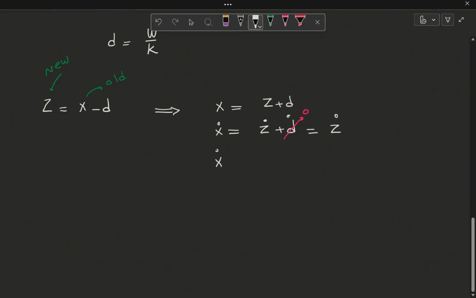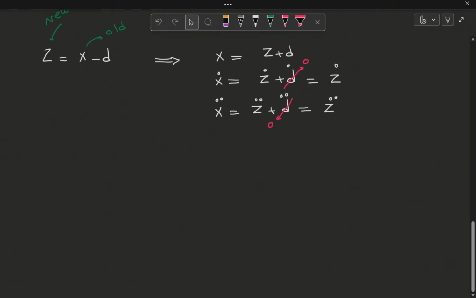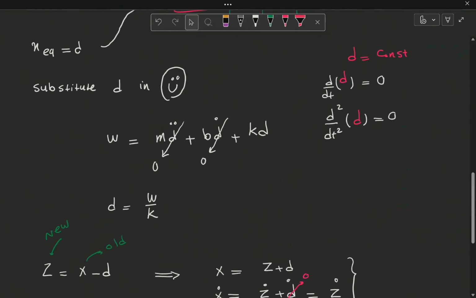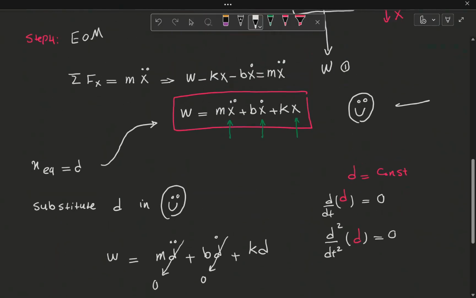And similarly, my x double dot is z double dot plus d double dot. Since d double dot is 0, my x double dot is in fact z double dot. So look at this. What I'm going to do is substitute these three values for x, x dot, and x double dot in equation smiley, which is here.